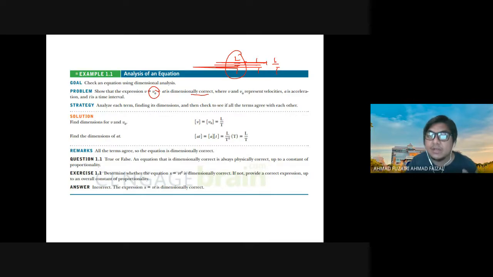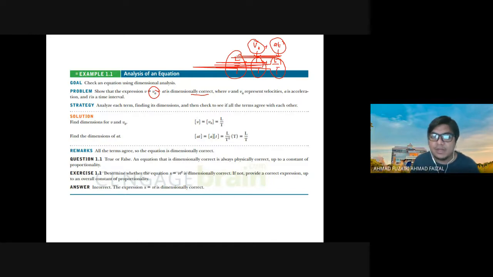Let's say the first parameter is v naught, and this one is at. This is one place and this is another place. One place is L over T, yes, correct. And the other place here is also L over T.